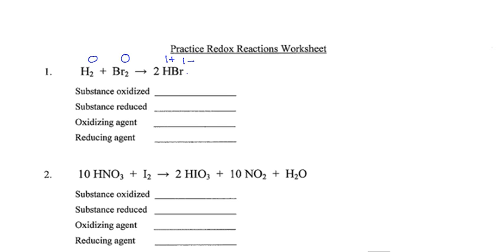Well, we see hydrogen went from 0 to +1. So the hydrogen, which we're going to represent as H0, was oxidized. Who was reduced, or what was reduced? Bromine went from 0 to -1. So Br was reduced. Its charge went down.